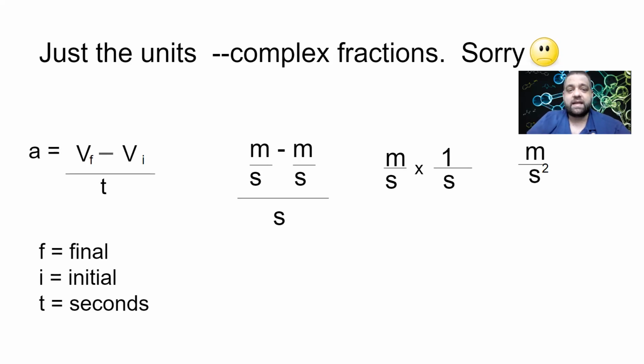And you can see, going back to what I said in the first video, if you are using different units, then this gets really messy and complicated really quickly. For example, let's say I said miles per hour in this problem. Let's say I have a car that is accelerating from 20 miles per hour to 40 miles per hour in 6 seconds.